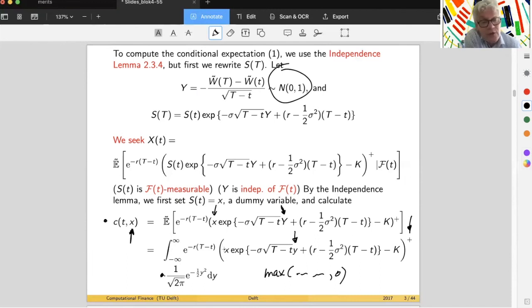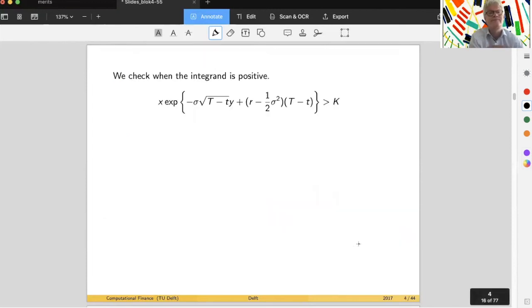So the first question is, when is this positive? Let's check when the integrand is positive. When is this expression, x e to the power minus sigma, the square root of capital T minus little t, times y, plus r minus 1/2 sigma square times capital T minus little t, larger than k? That is the first question, and that we can just work out.